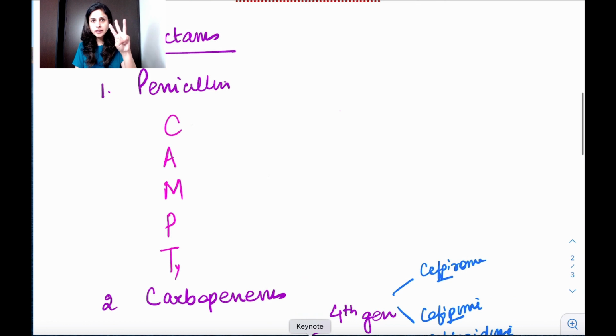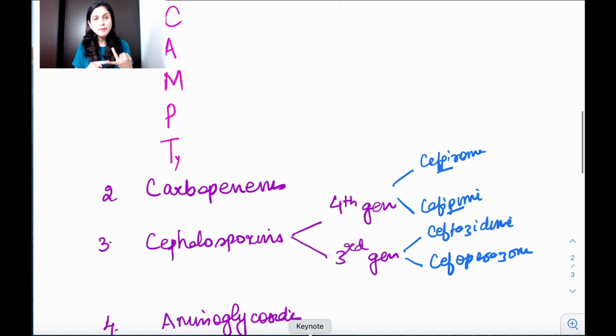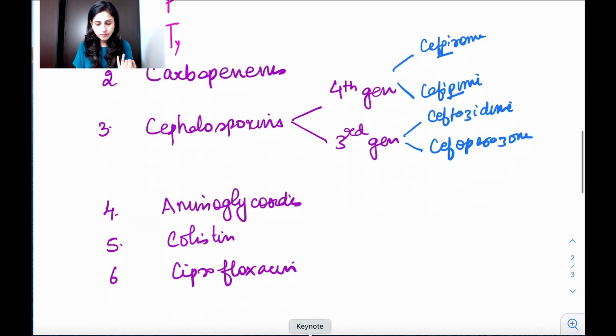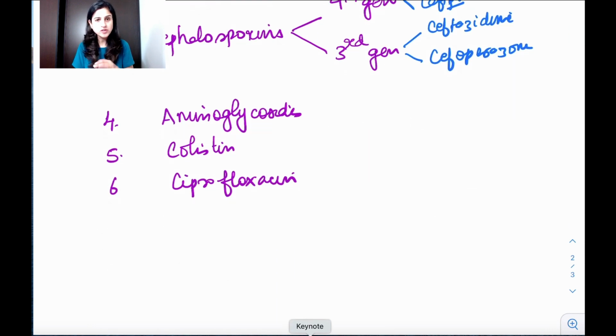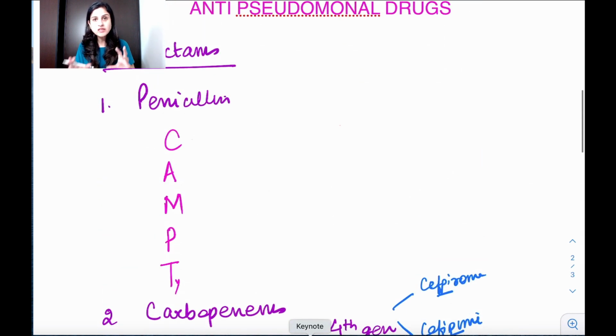Then the third important group of drugs you need to know are your anti-pseudomonal drugs. Isme there are a lot of drugs like we have your beta-lactams, penicillins, carbapenems, cephalosporins, aminoglycosides, colistin, ciprofloxacin. All of these drugs are going to be effective against the pseudomonal infections. So we have penicillin groups, and under the penicillins, which are the anti-pseudomonal drugs?